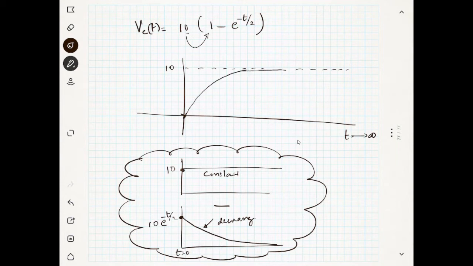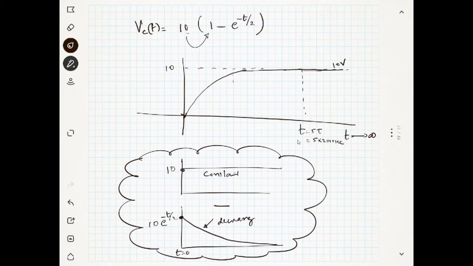This is the equation for charging the capacitor, and the capacitor charges in around 5 time constants. In this case the time constant is 2 seconds, so 5 into 2 is 10 seconds. After 10 seconds the capacitor is almost charged to 10 volt. Fully charged. You understood?